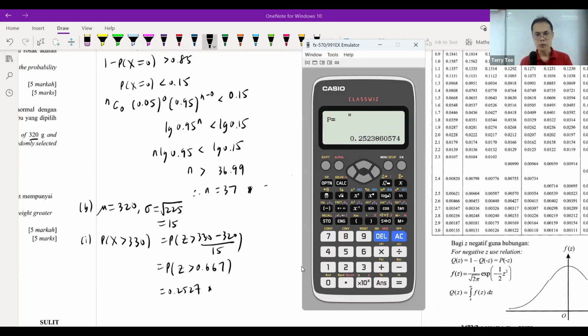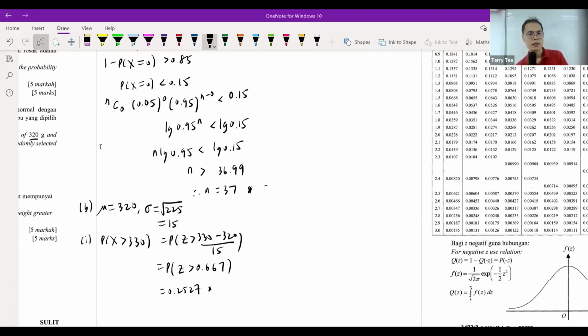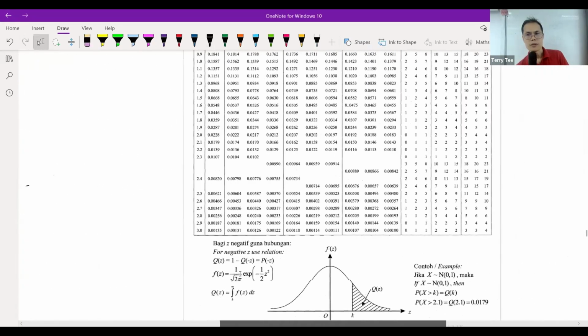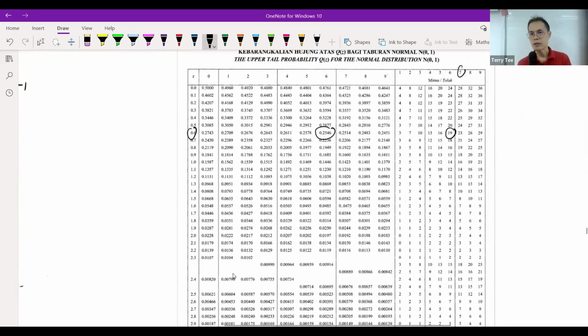2524. I wonder whether I read this wrongly. Is there a difference? Maybe I subtracted wrongly. Let's see again. I got 2524 from the calculator. Okay, sorry, I looked at the wrong one. It's 23.